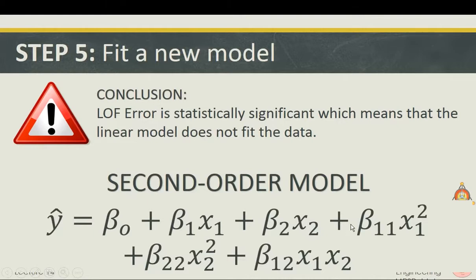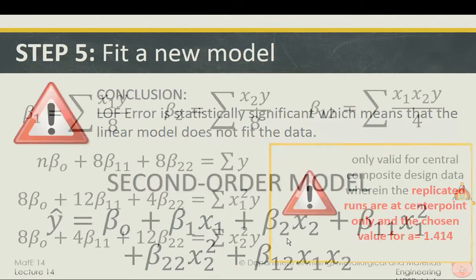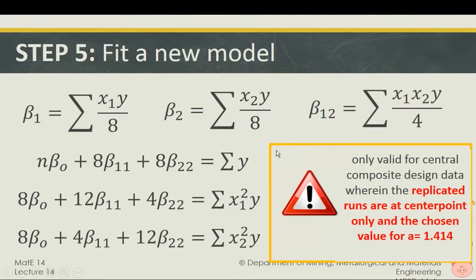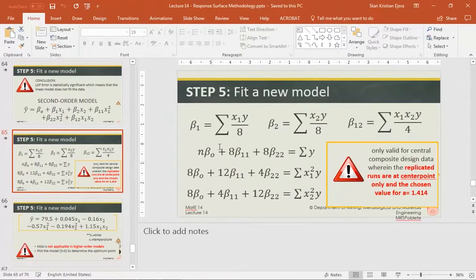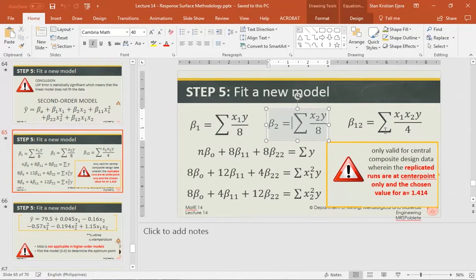Okay, so to solve these different constants, all the b constants, the b0, b1s and b2s, we use this formula. Okay, so let me just copy each of this formula.